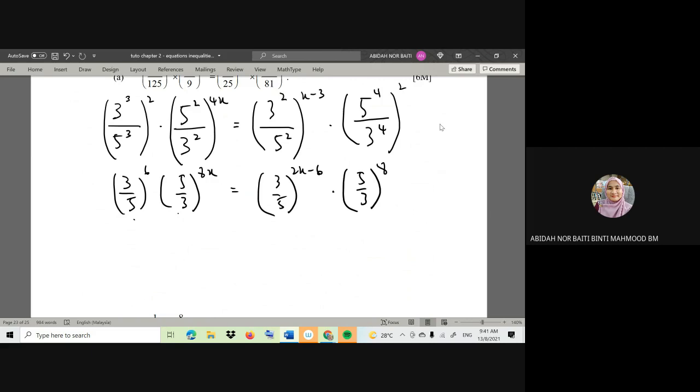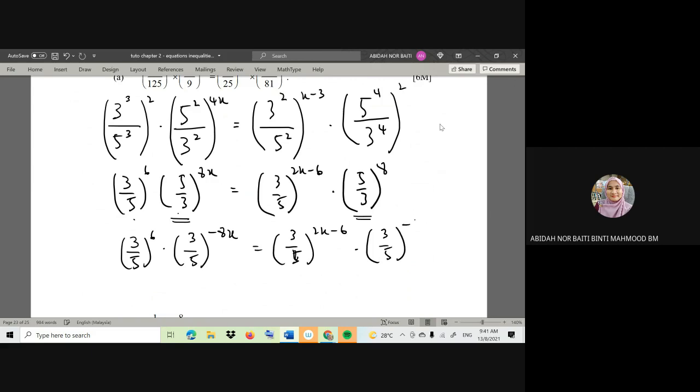So we cannot compare. To make the base the same, how do we do that? Make it the same as the one beside it. So 3 over 5 power 6. So it becomes minus 8x. Reciprocal, that is the same. We change because we want the same base. Times 3 over 5 minus 8.